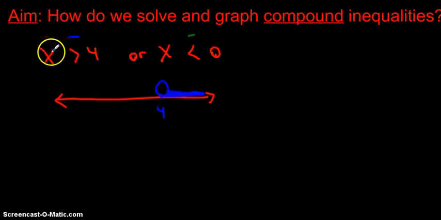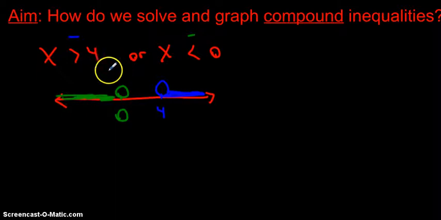So all values that make this true are part of the solution set, or values that make this true, or both. There are no values that make both of these true, but there are values that make x is less than 0 true. So 0 also gets an open circle, and we graph it this way.